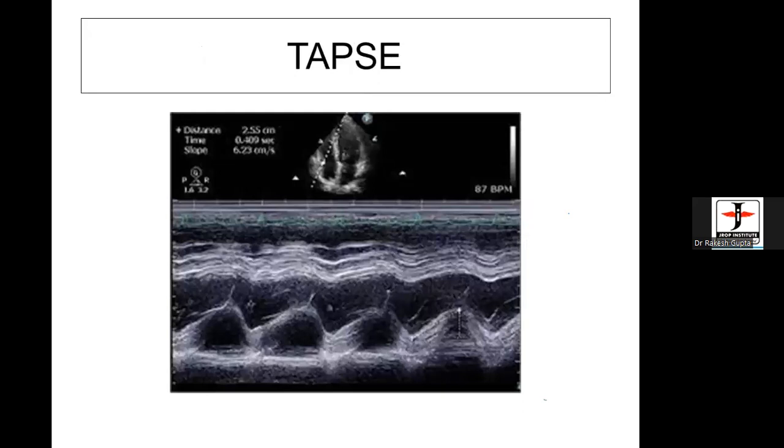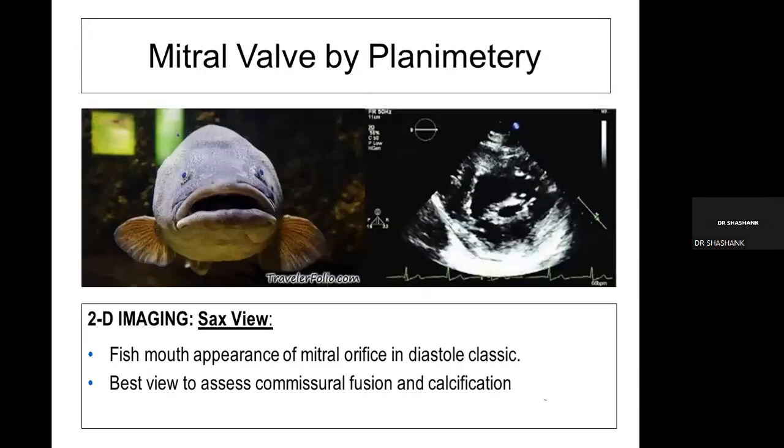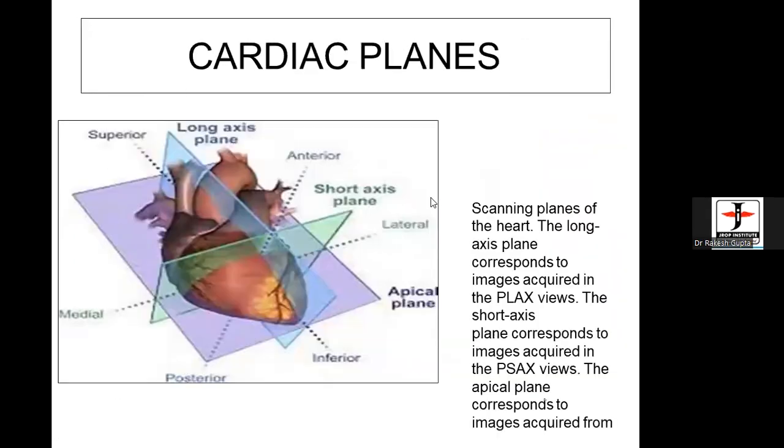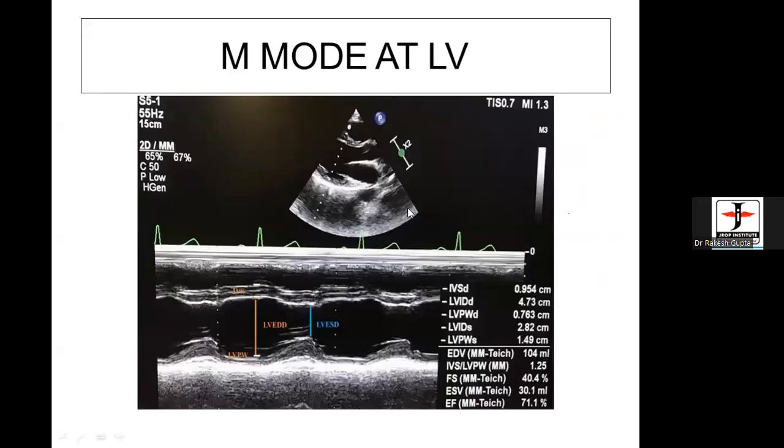Go ahead, Shashank. Sir, can you tell me the importance of fractional shortening? Of LV or RV? LV, sir. Nandita, can you go back to the first image? Fractional shortening here is 40.4%.